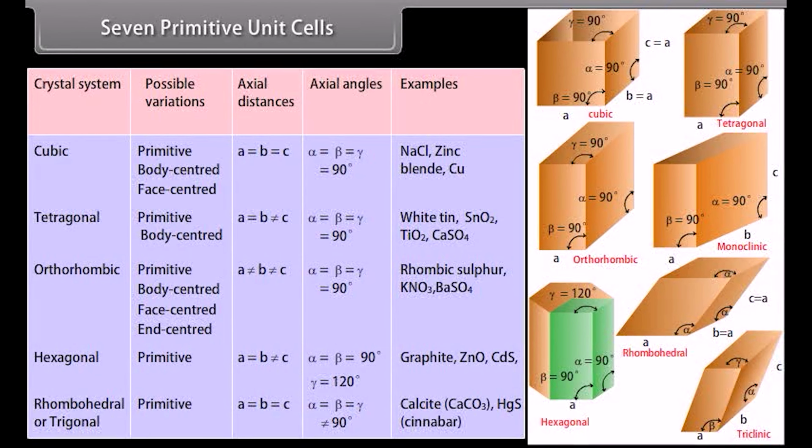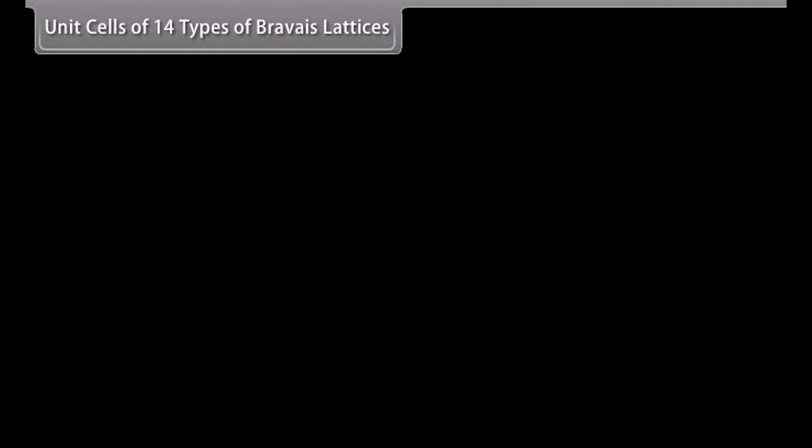7 primitive unit cells. There are 7 types of primitive unit cells. Their characteristics, along with the centered unit cells they can form, have been listed in the table. Unit cells of 14 types of Bravais lattices.